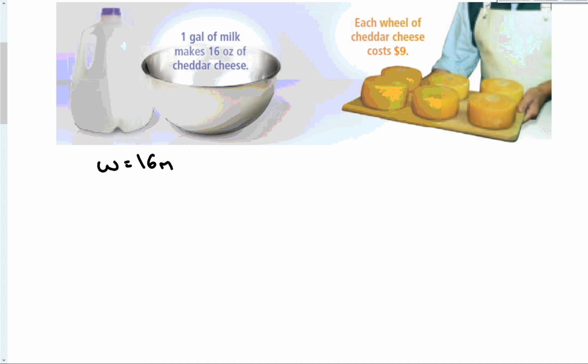If I want to make a table, my milk is going to be my input, and the amount of cheese I get, the weight of the cheese, is going to be my W. So if I have no milk, I'm going to get no cheese. If I have 1 gallon of milk, I'm going to get 16 ounces of cheese. 2, 32, 3, 48, and so on.